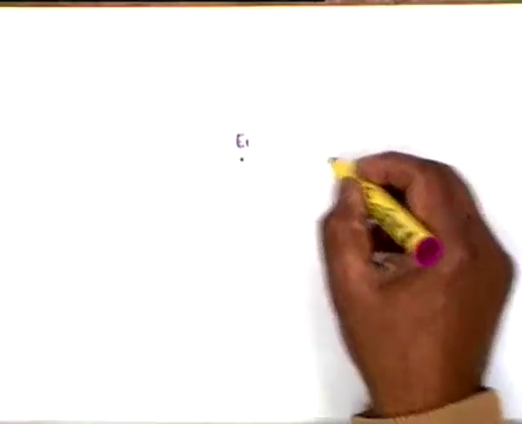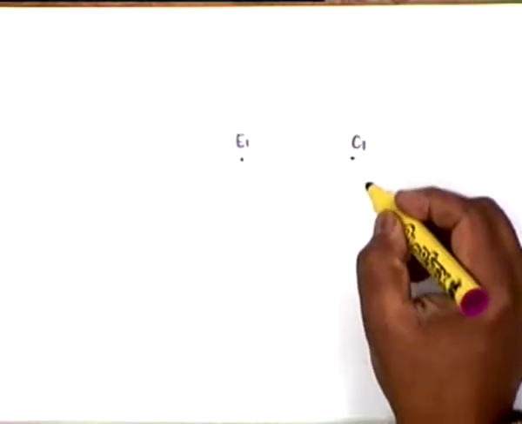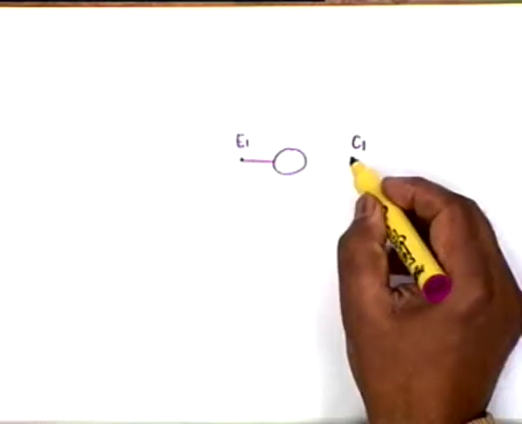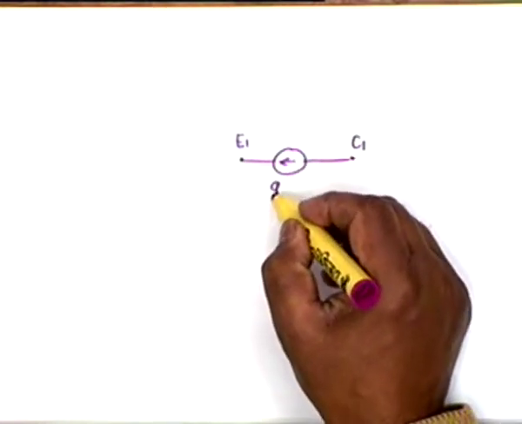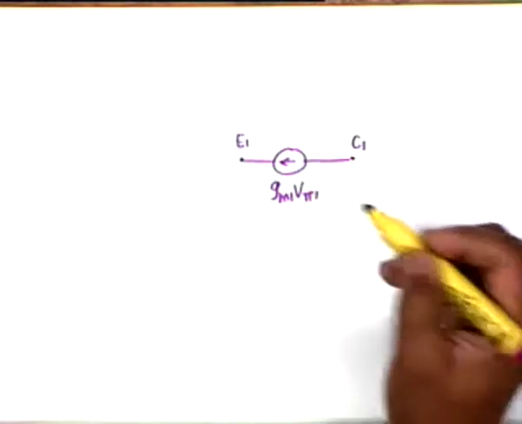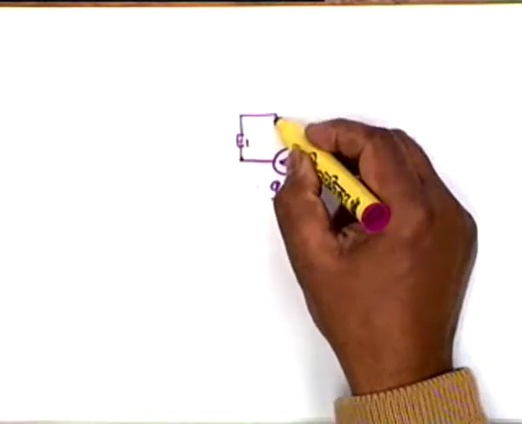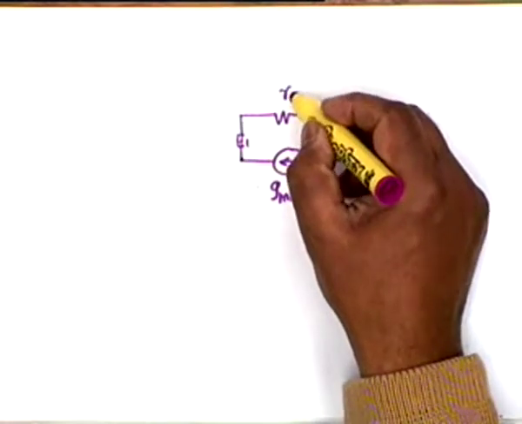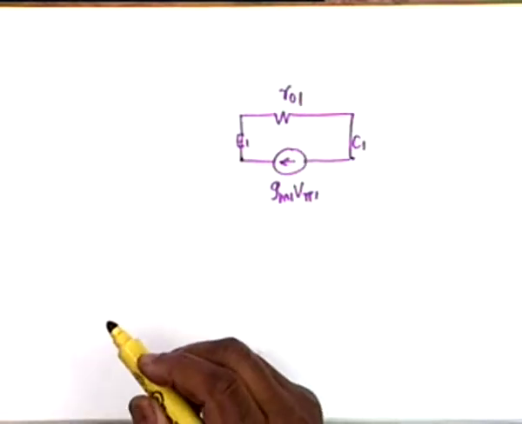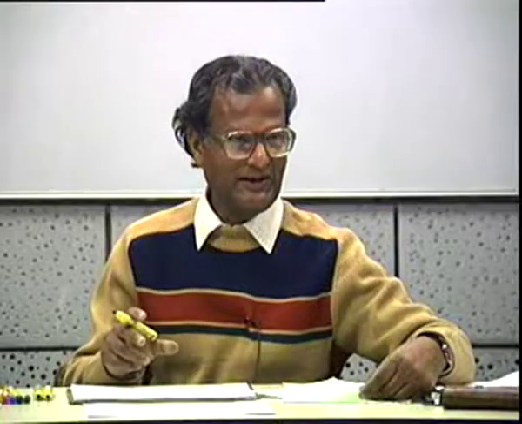We have E1, C1, between E1 and C1 we have GM1 V pi 1 and the inevitable R01. Now we cannot ignore R01 because that is what we are going to calculate, the effective output resistance offered.